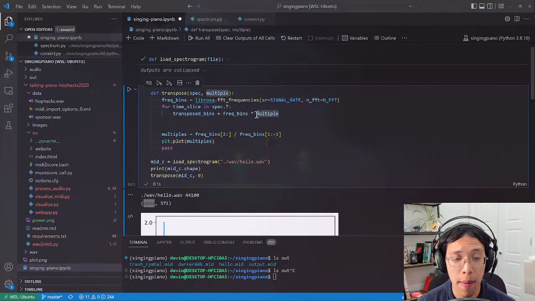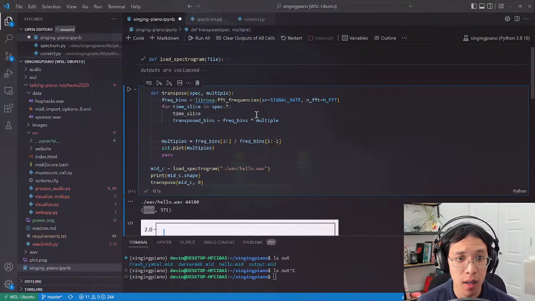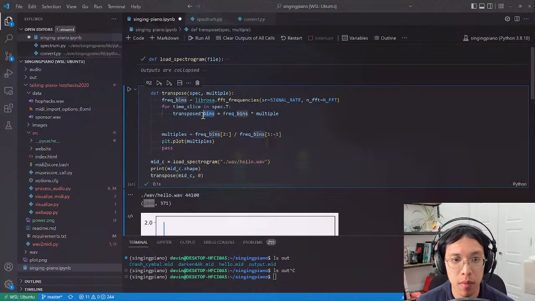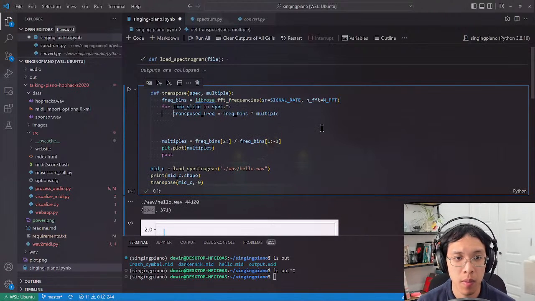Okay, so basically for each of the energy amounts in each bin in time slice, we want to map it to the closest bin in transpose bins. So let's see. This gives us our target, and we just need to find the bins in here that are the closest to that. So in fact, we don't need to do this for every time slice. We can pre-calculate it first.